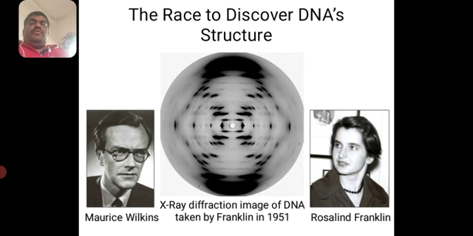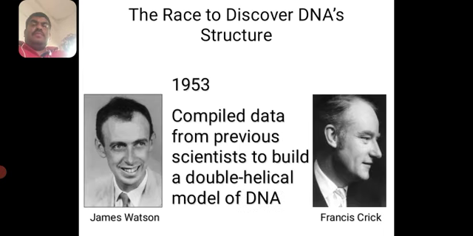In 1951, the scientists Franklin and Wilkins gave an X-ray diffraction image of DNA. And in 1953, two scientists, James Watson and Francis Crick, gave the double-stranded helical model of DNA.